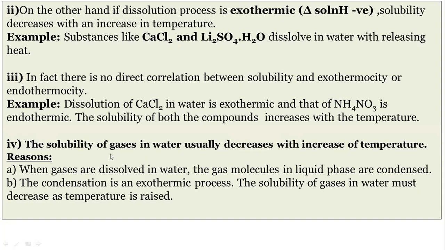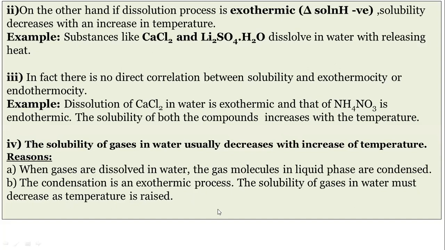And the next factor is solubility of gases. It generally decreases with temperature, because when the temperature is increased, along with the vapors of the liquid, the gases also come out. So the solubility will be less. A good example of this is aquatic fish.